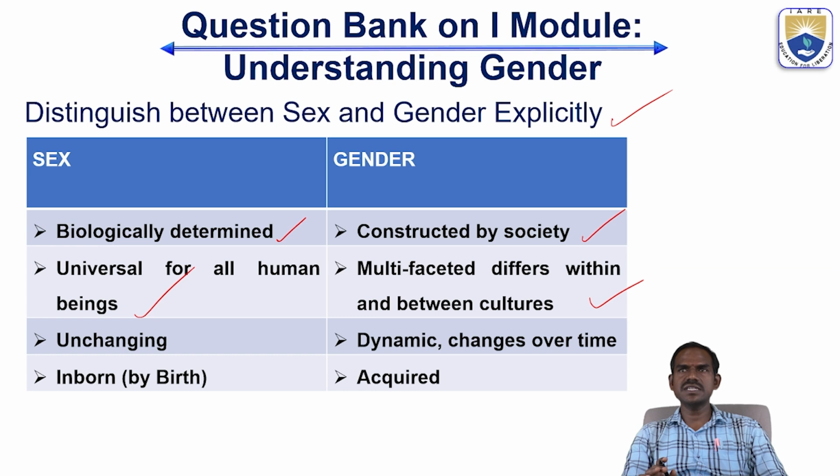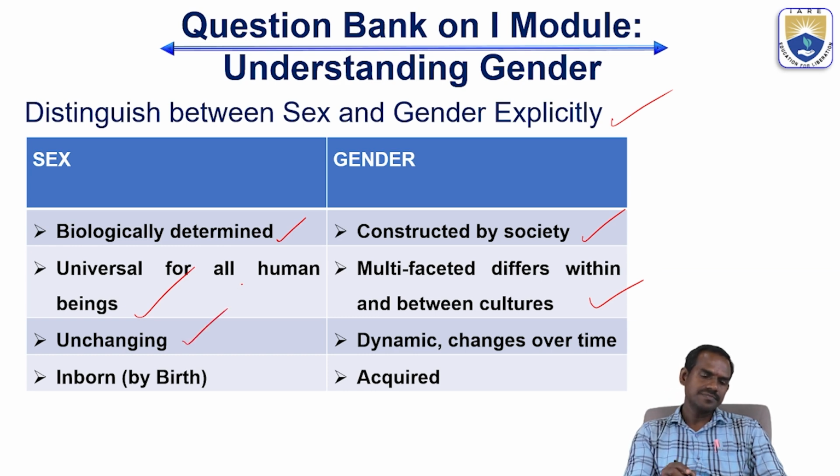It is multifaceted, differs within and between cultures. But sex is universal for all human beings. Gender is not universal. Gender differs from place to place. That is why it is multifaceted, differs within and between cultures. I hope the second difference is clear.